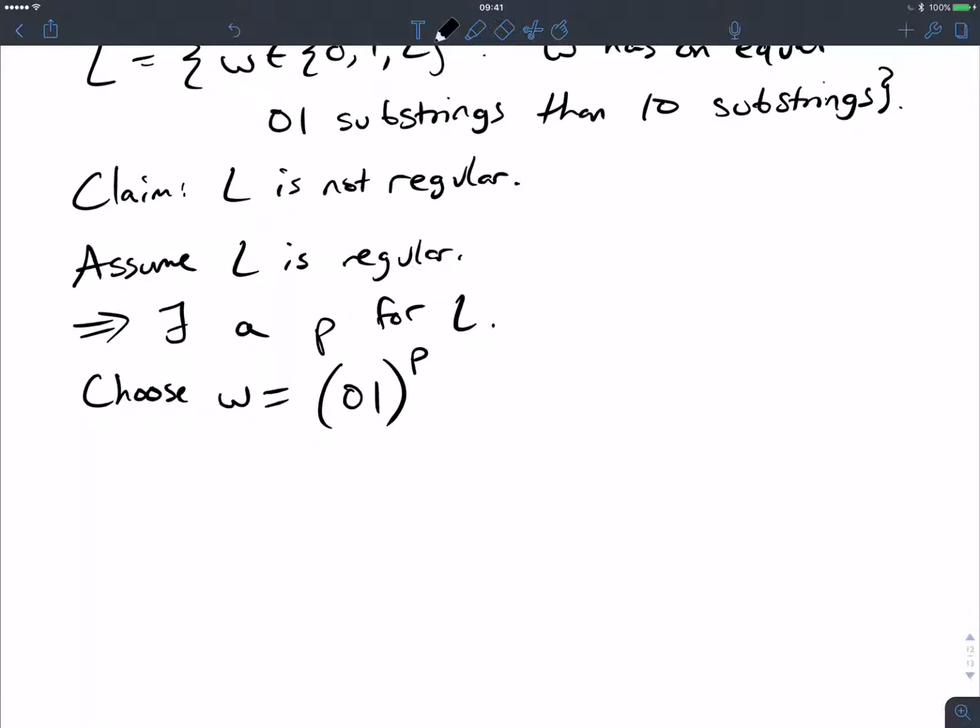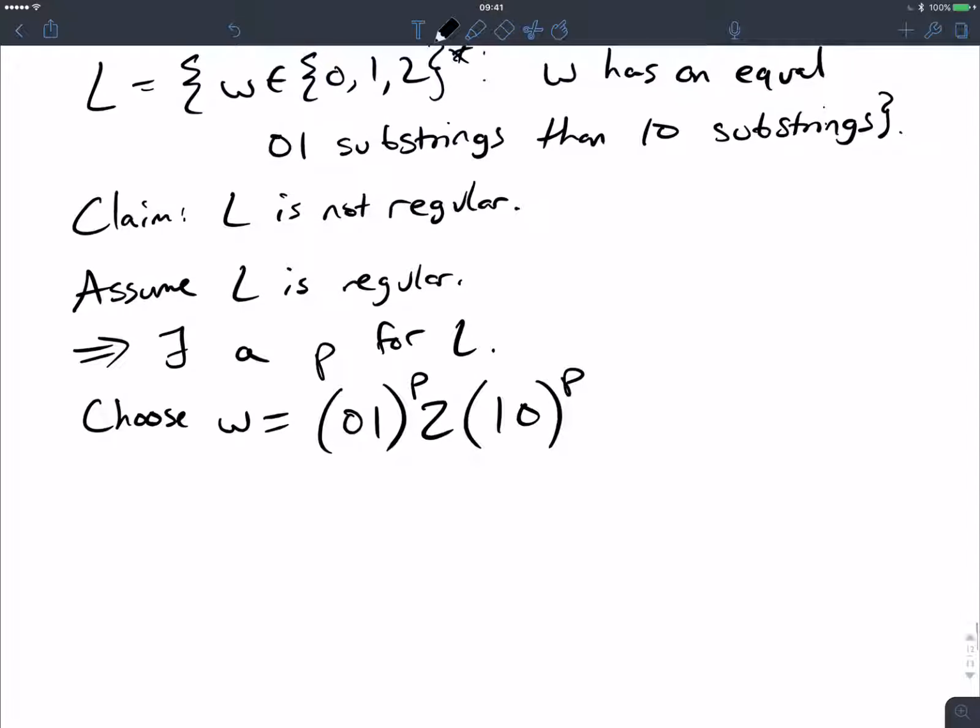If I try this, that has P 01 substrings, but how many 10 substrings? P minus 1. I could add a 0, but that wouldn't change anything. So I have to introduce a 2 there. But then I still have fewer 10 substrings than I need. So what if I did it in reverse? Would this work?